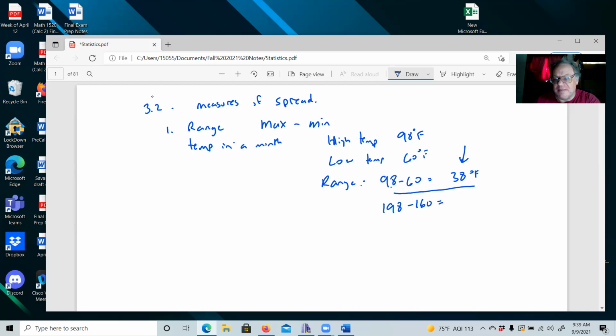If you were testing a stove or something, you might get this temperature, but it's still 38. These are way different numbers, even though they do all have the same range.